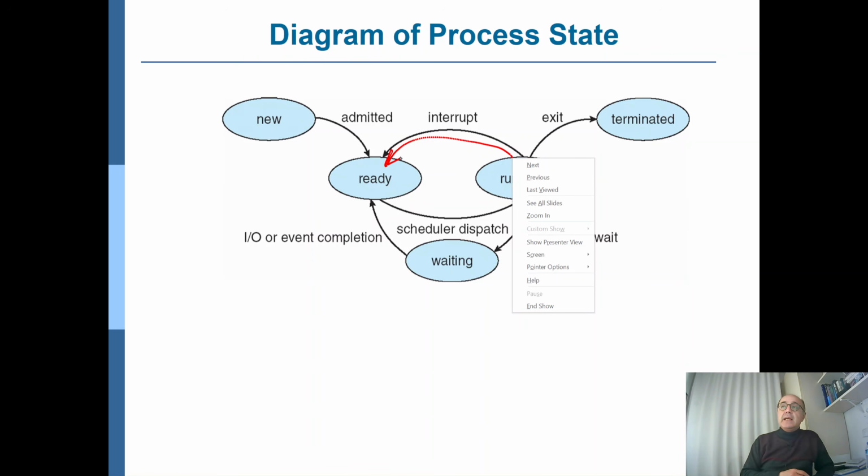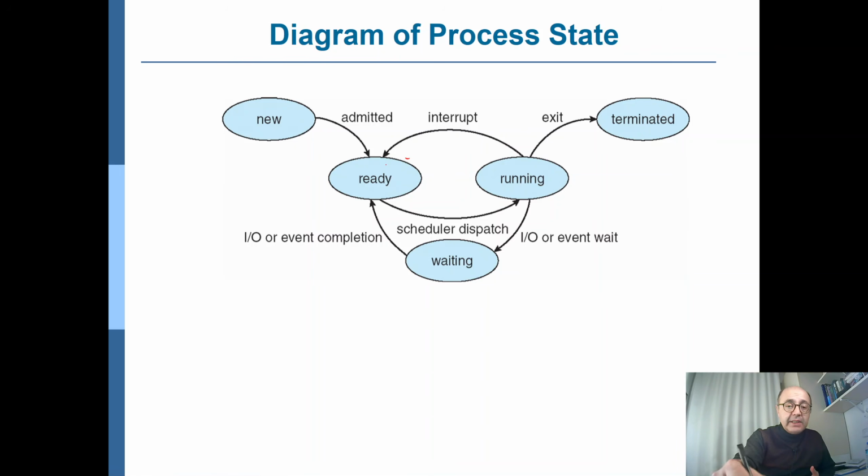Why? Because actually the process might have continued to run. There's no problem with the process. The problem is that it doesn't have any time left. That's why we put it back into the ready queue so that in the near future, it again has the option to be scheduled into the CPU once again.